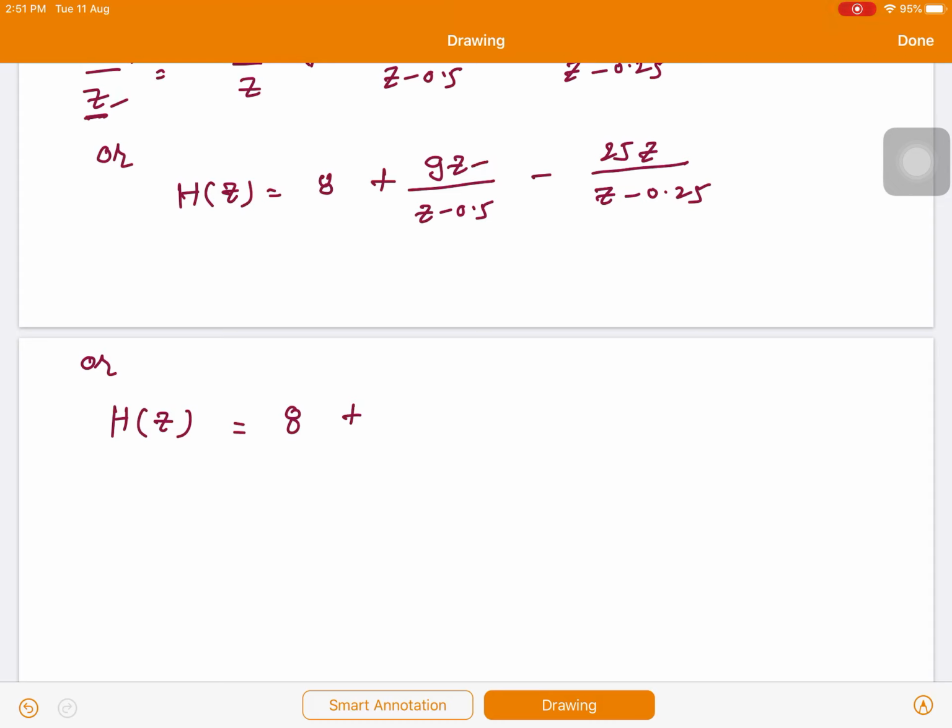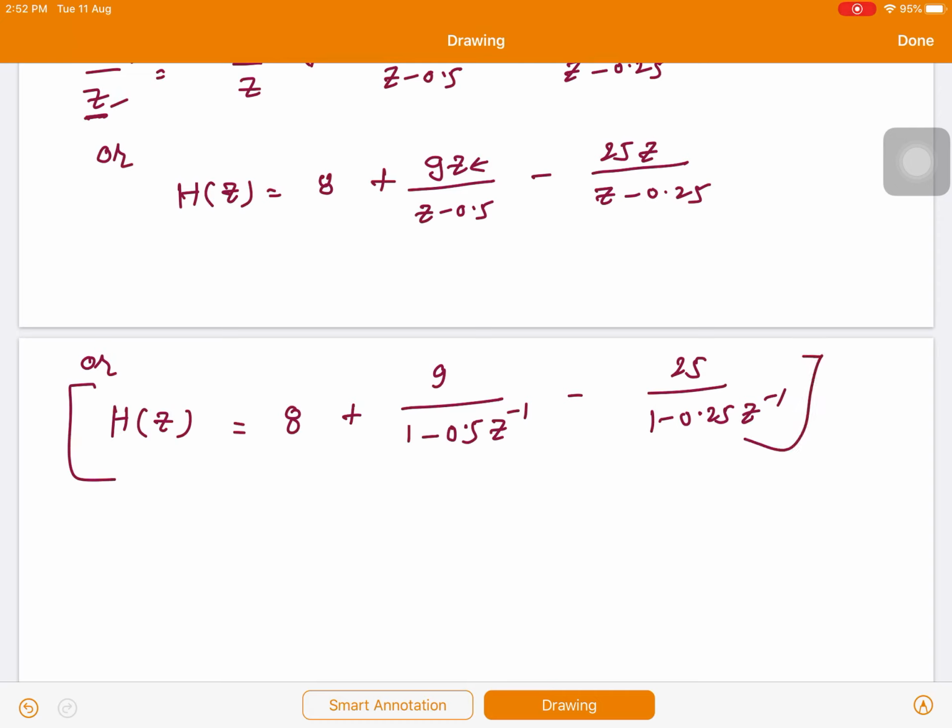So we take this z down, and you can say just divide by z in numerator and denominator, so you will get 9 upon 1 minus 0.5 z inverse minus 25 upon 1 minus 0.25 z inverse. Okay, so you will get this H(z) after the partial fraction of the main function given in the question.